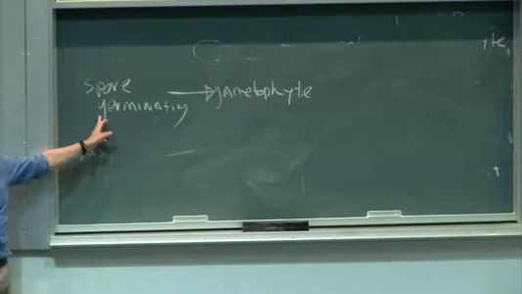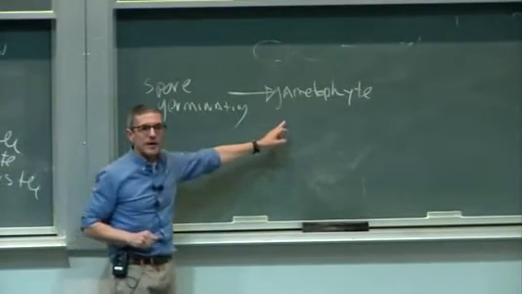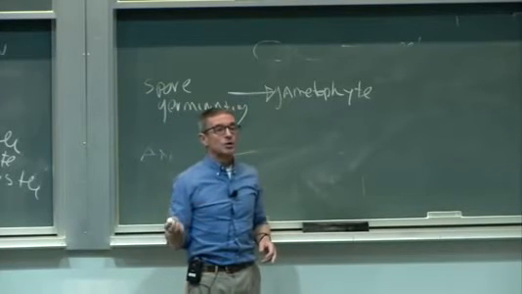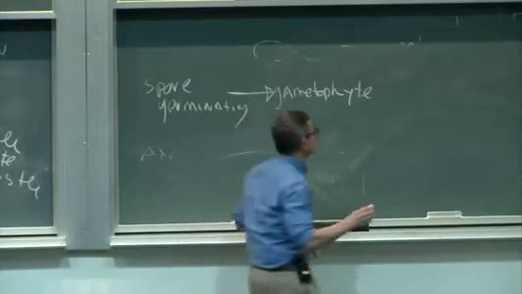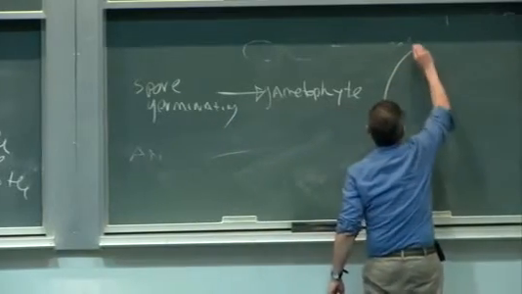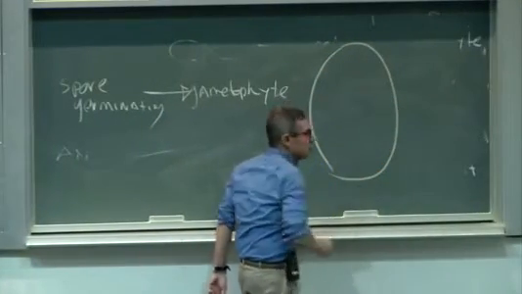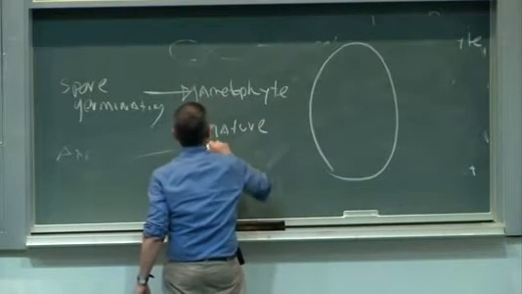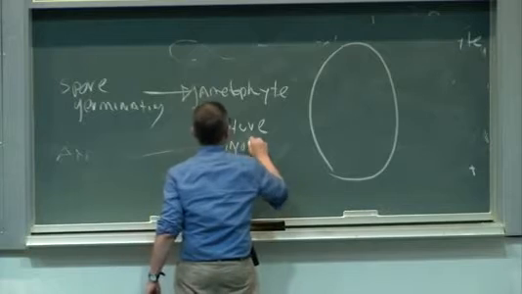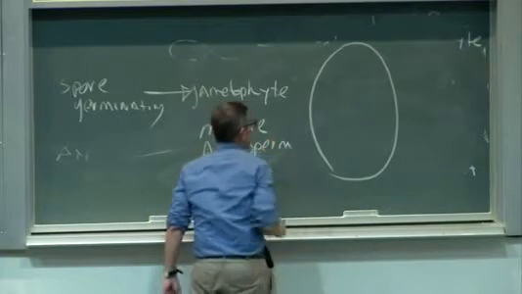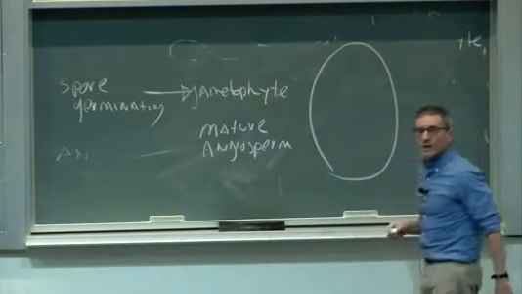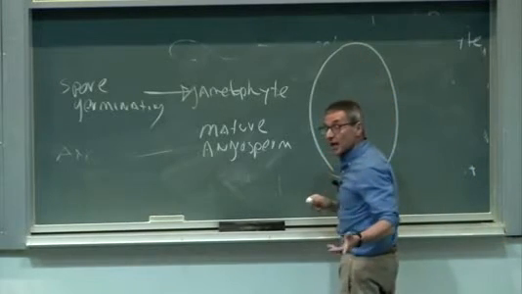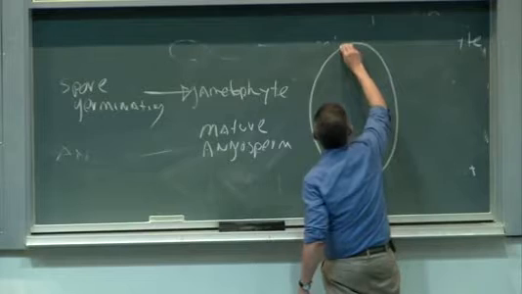How many mitoses do you have to develop the gametophyte in the angiosperm? So let me draw the mature gametophyte in the angiosperm. If we look carefully, we see that it is comprised of a number of cells, just like the fern gametophyte, but a much smaller number.